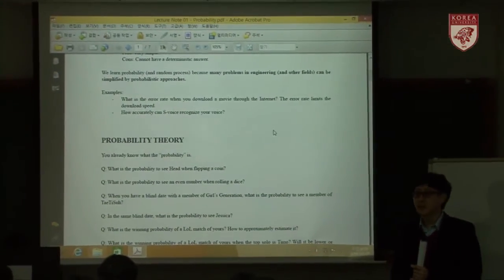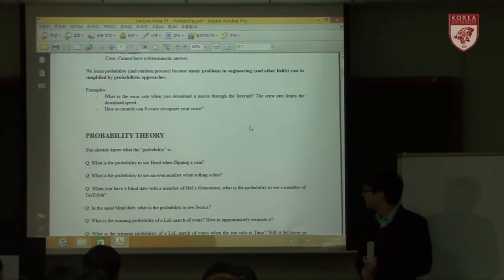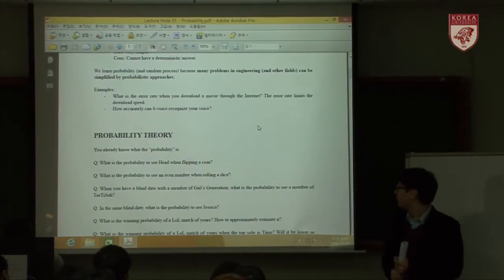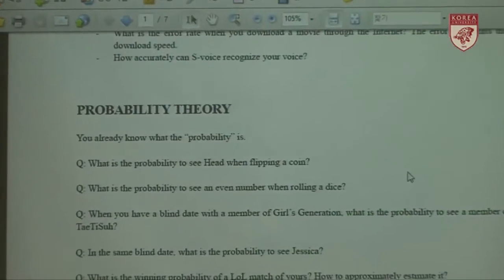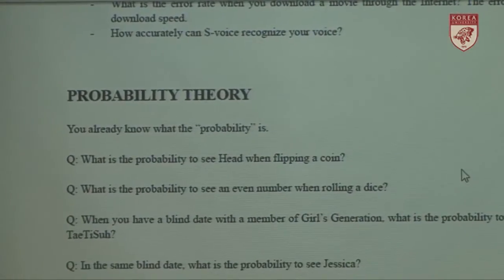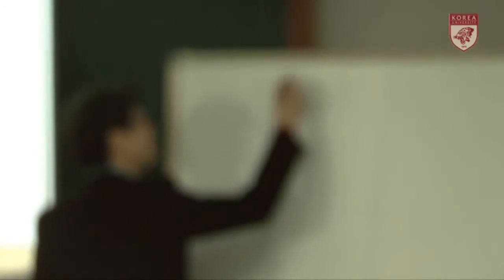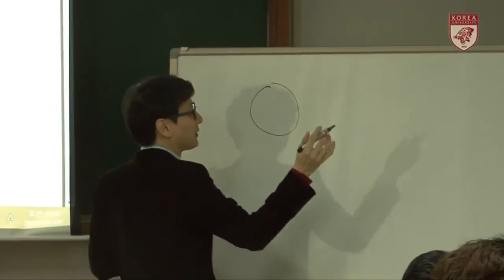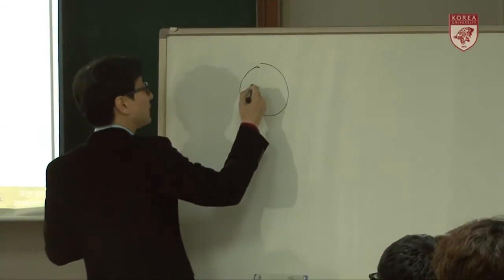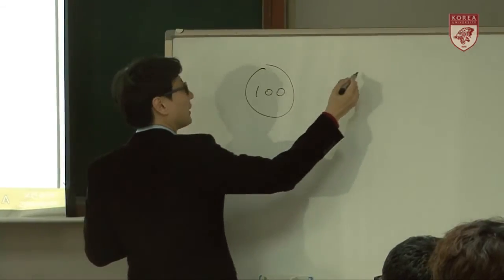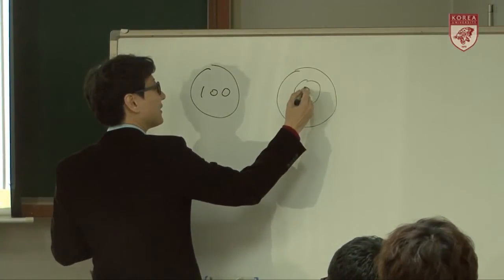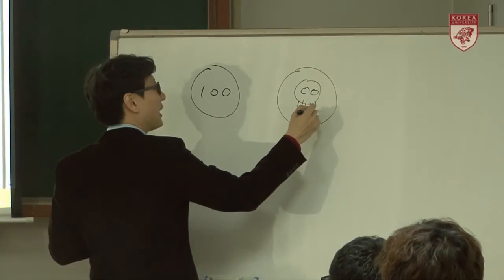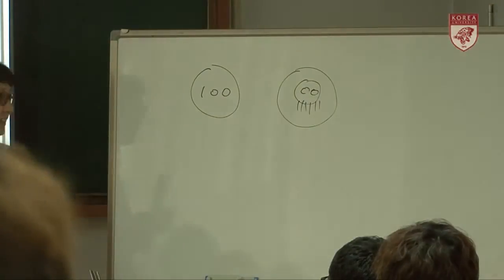Okay, then I believe you already know what probability is. For the fair coin, usually a fair coin has two faces. One is with the number, the other is with the grandpa, or 할배, or generally a face.